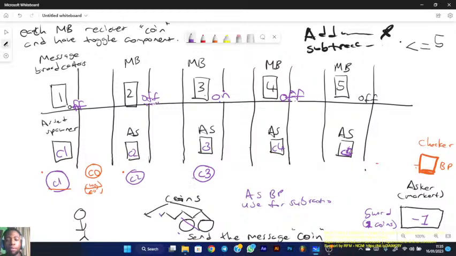We now have 3 coins, and it would also spawn the asset spawner basic platform. This will be off and this guy will turn on.